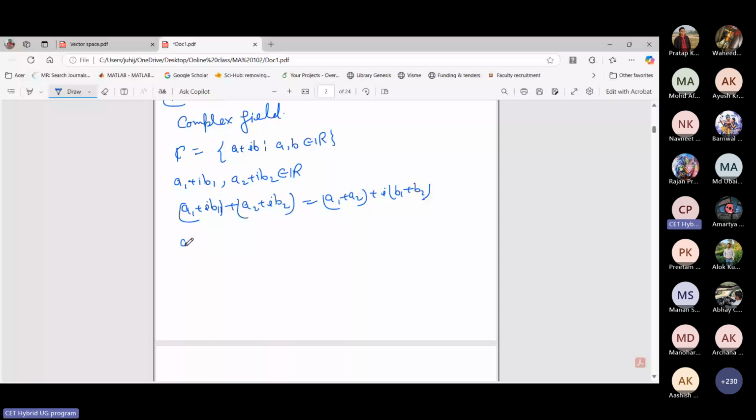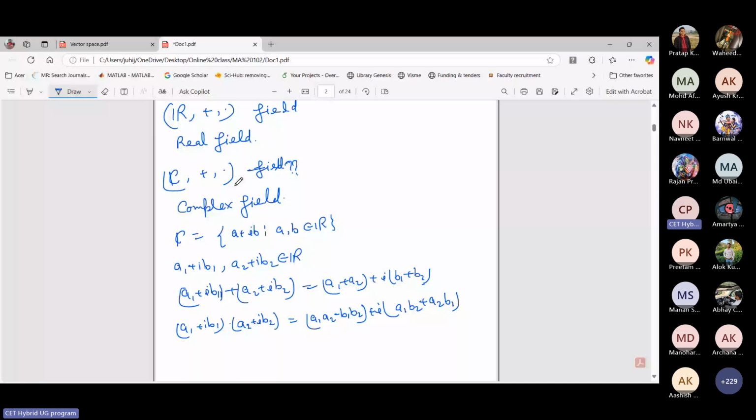A1 plus iB1 into A2 plus iB2 is equal to A1 A2 minus B1 B2 plus i times A1 B2 plus A2 B1. This is how addition and multiplication are defined on the complex set, and this is your set of complex numbers. Please verify whether this is a field or not.